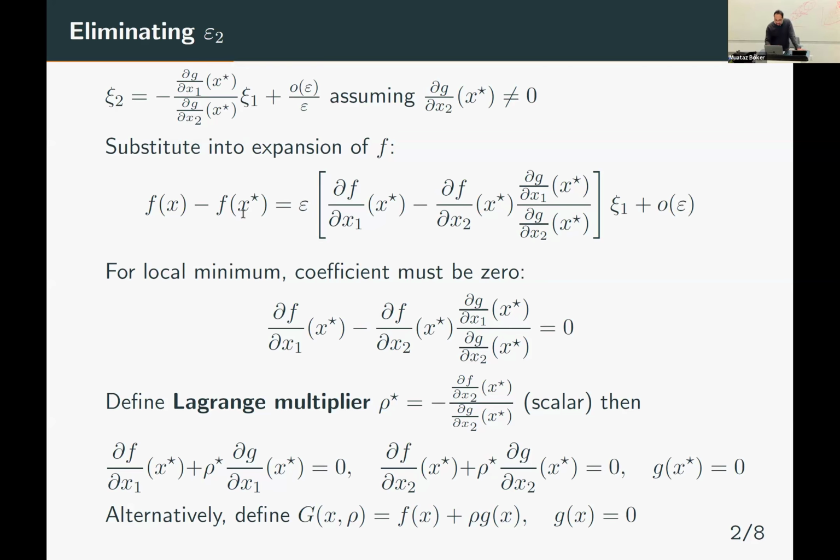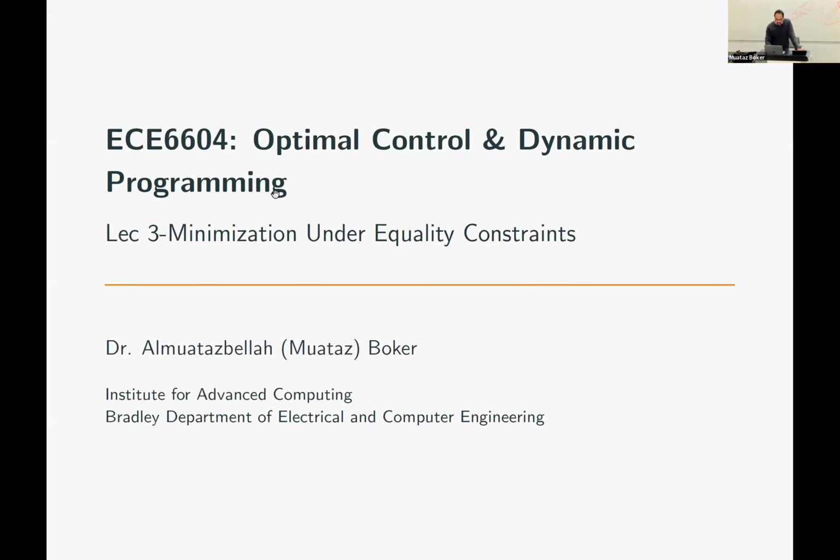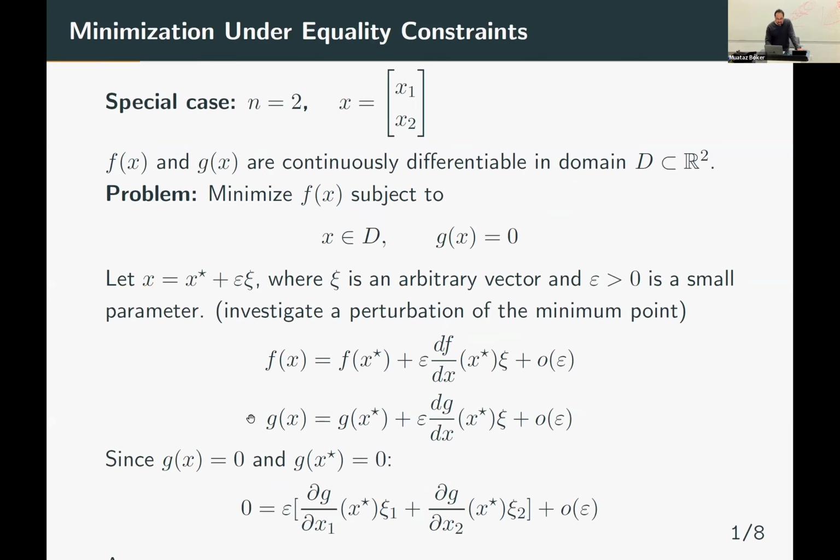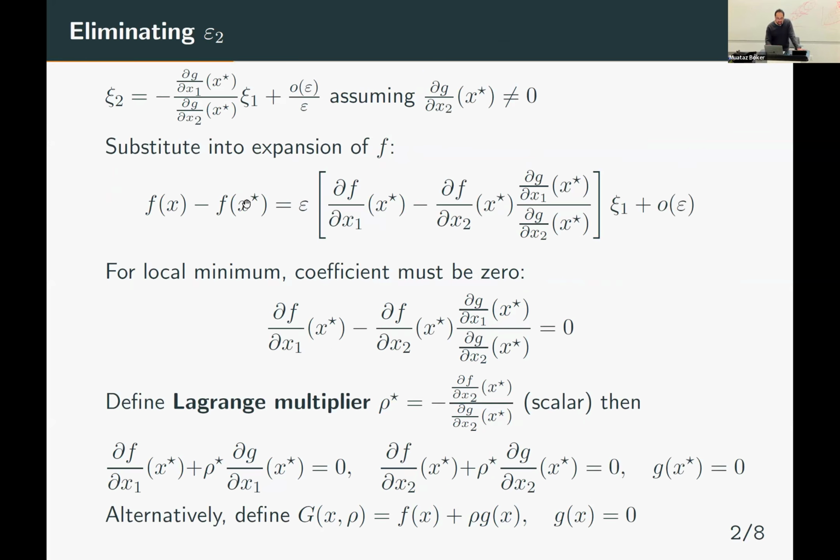This is also an assumption here, because this is a minimization. So since x star is a local minimum, f of x minus f of x star is larger than or equal to 0. Because of that, the right-hand side must be larger than or equal to 0.